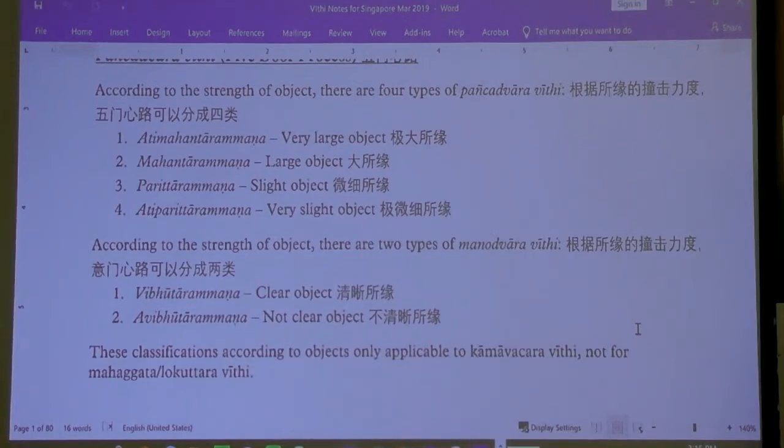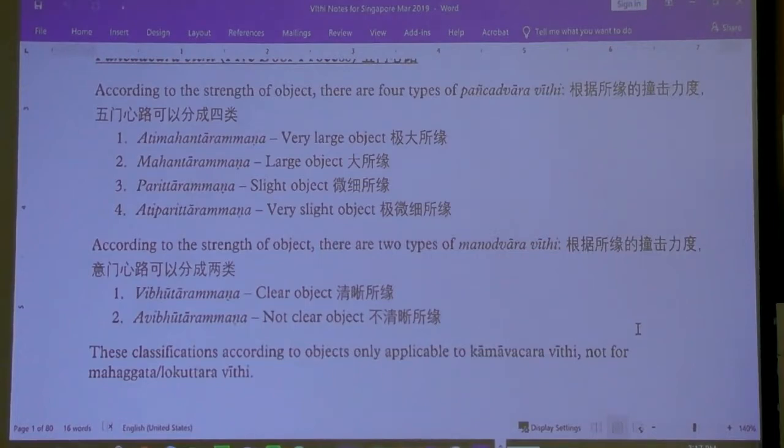According to the pure Manodvara process, after 7 javanas arise 2 registration minds, tadarammana. If they have the 2 registration minds, it's called a clear object. After 7 javanas, if there is no tadarammana and it goes to bhavanga, it's called a not clear object.